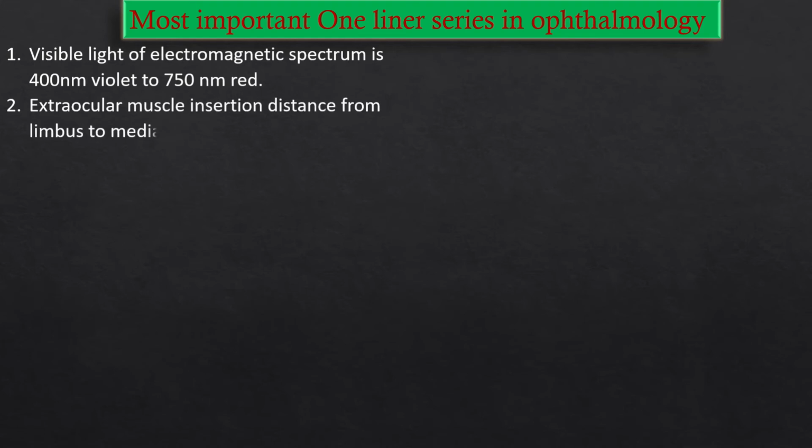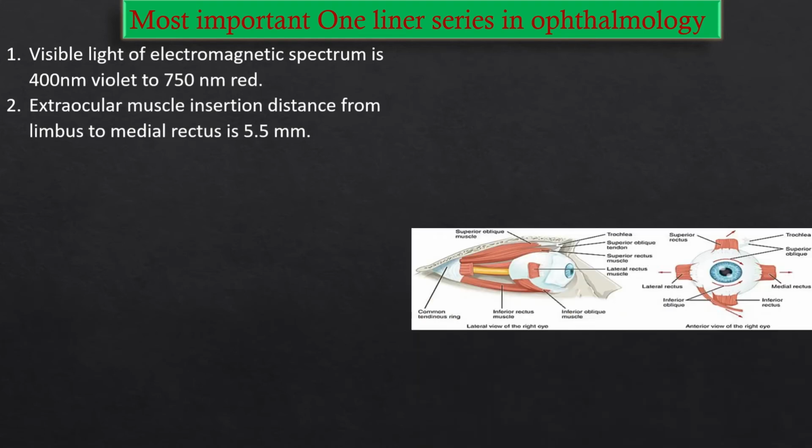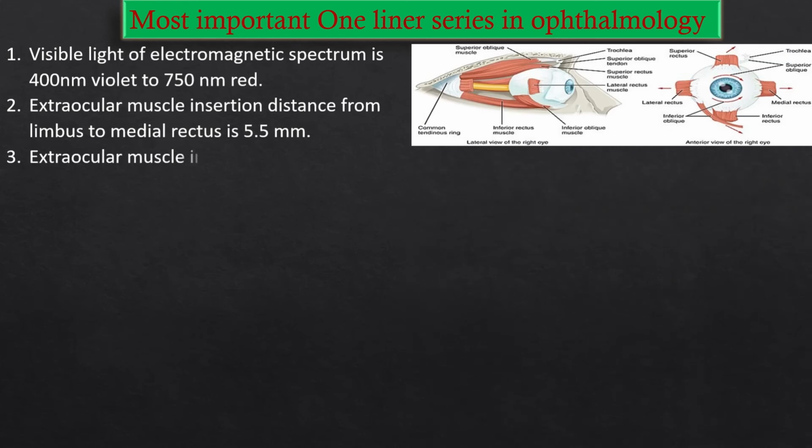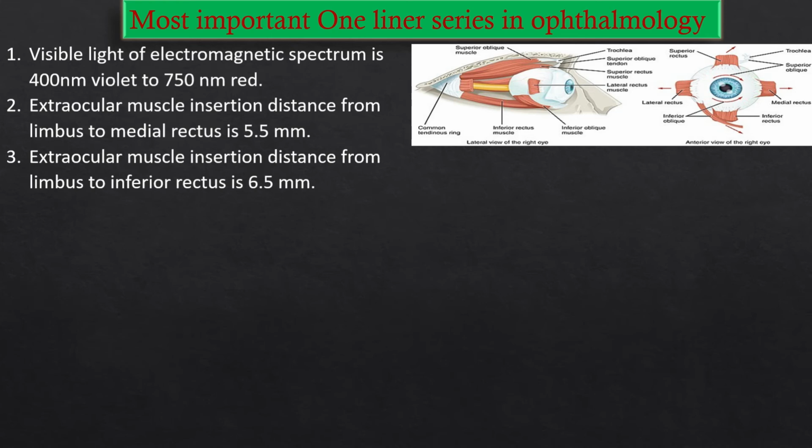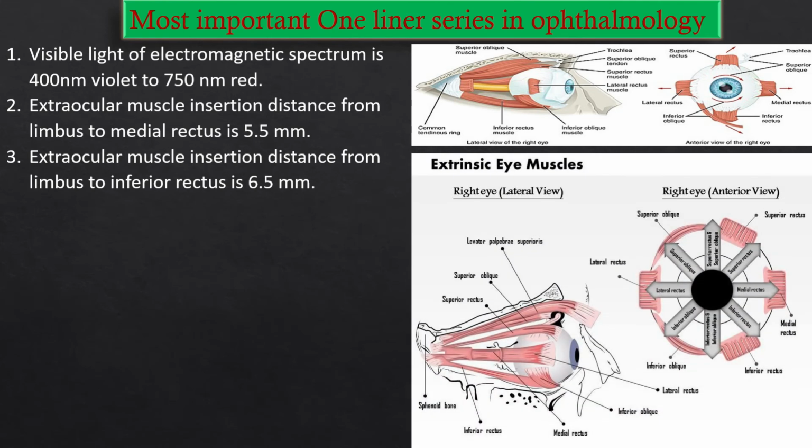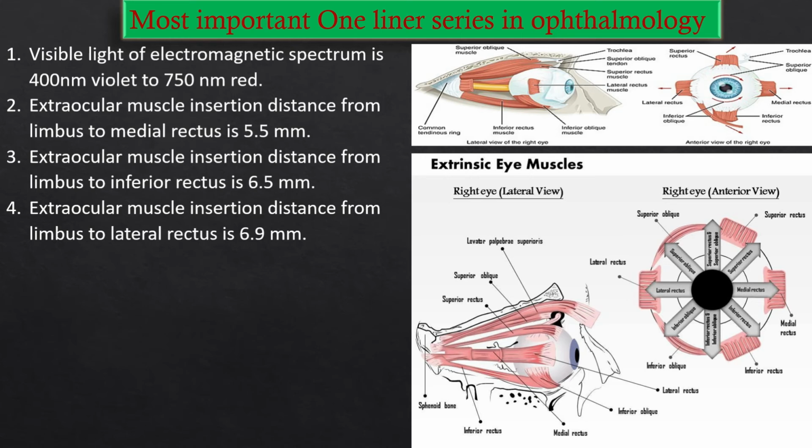Extraocular muscle insertion distance from limbus to medial rectus is 5.5 mm. To inferior rectus is 6.5 mm. To lateral rectus is 6.9 mm.